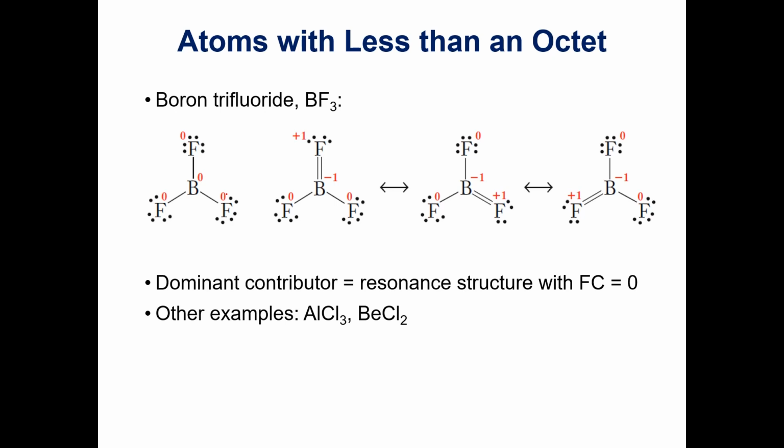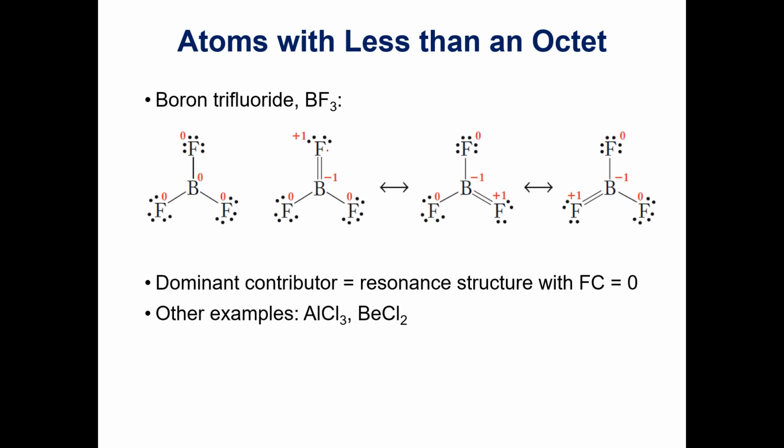So there's a couple of problems with these structures that are double bonded. One is that we can get one that has a formal charge of 0 on everything. And the other problem is that we are putting a positive formal charge on a very highly electronegative atom. Fluorine does not want a formal charge that is positive.